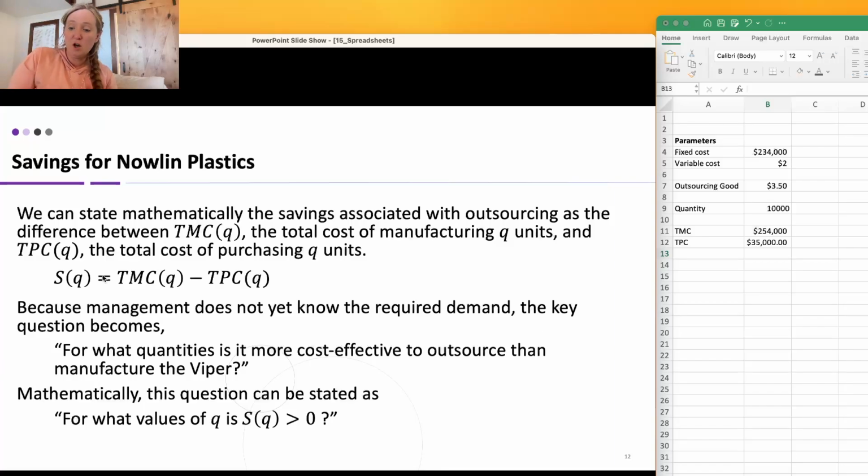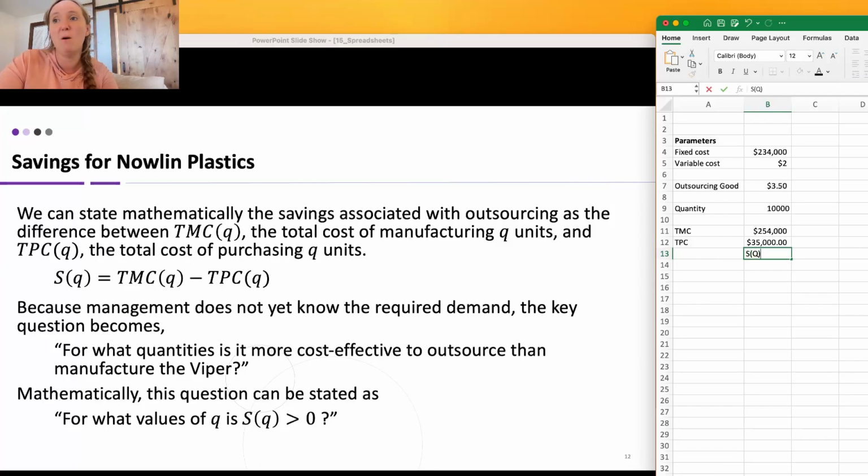And to know the difference of which one you would likely want to use, you could say, okay, our total cost savings, which just represents the savings made from the quantity produced, is going to be your total manufacturing cost minus the total production cost from outsourcing it.